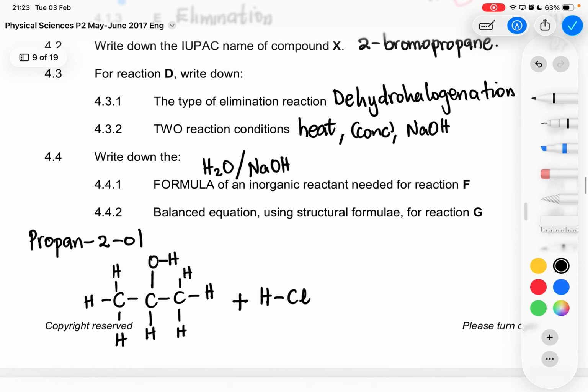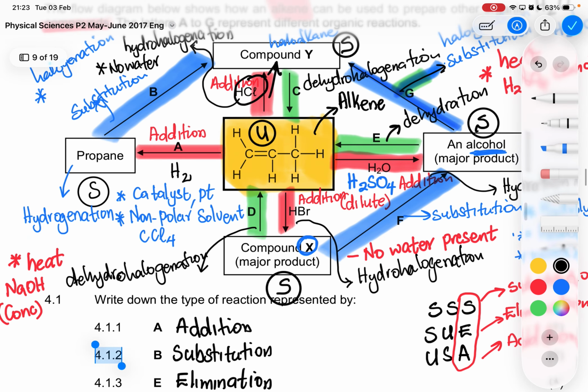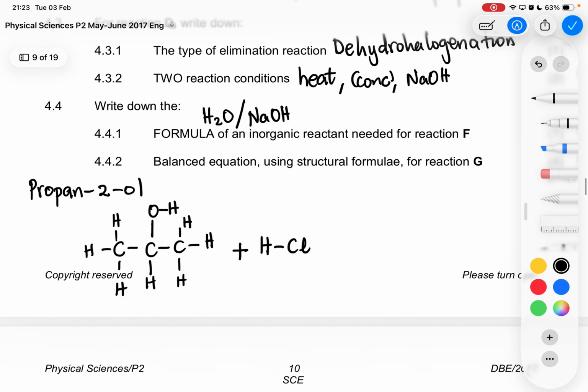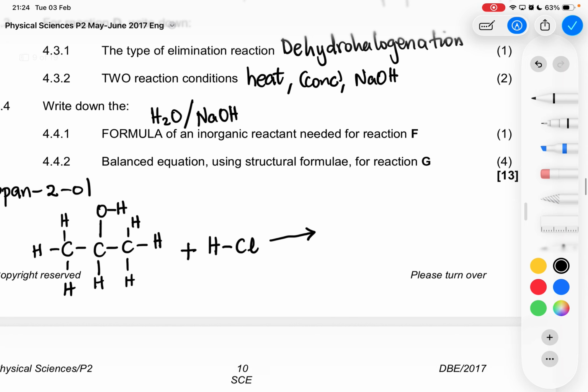HCl. Why I'm saying HCl, I'm guided by the arrow: this is an addition reaction where we add HCl. So that means Cl must be part of compound Y. So therefore here I'll also need that. And if I put Cl2, it wouldn't really make sense to have an OH that will bond with Cl. So with that, the product will therefore be, we are taking this one and replacing it with that one.